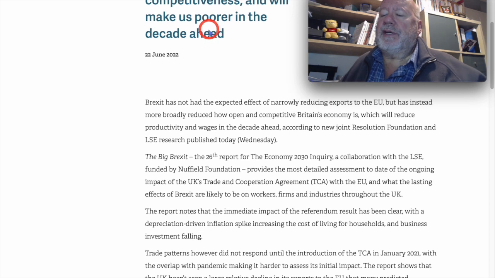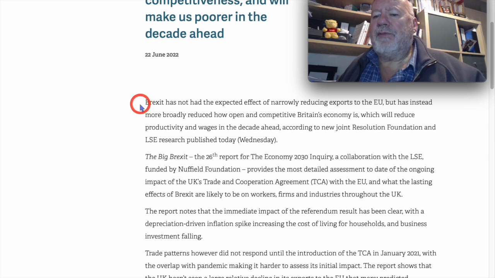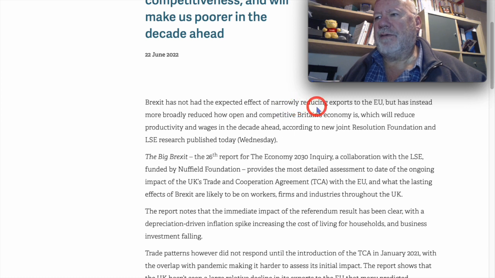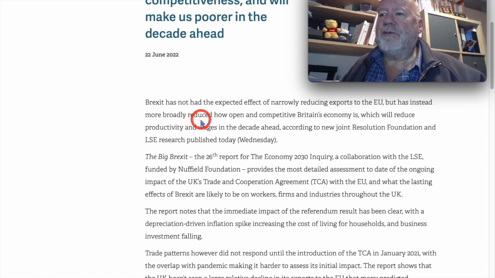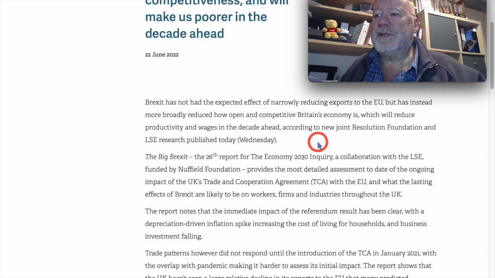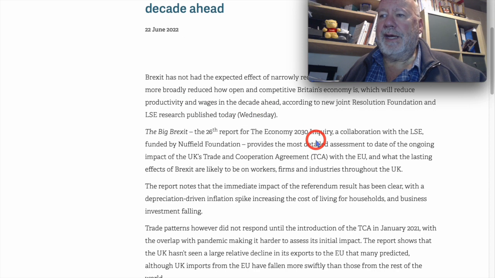What is important, I think, to read here is that it says Brexit has not had the expected effect of narrowly reducing our exports. Instead, it's broadly reduced how open and competitive the economy is, which will therefore reduce productivity and wages in the decade ahead.